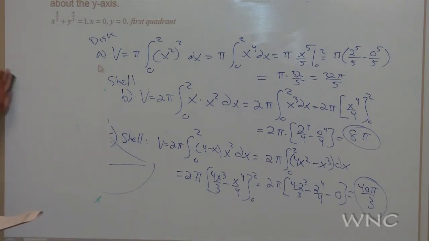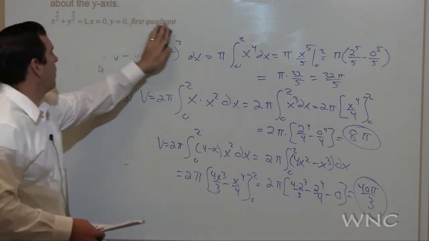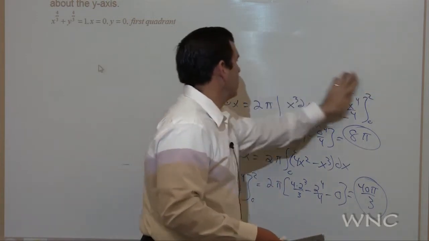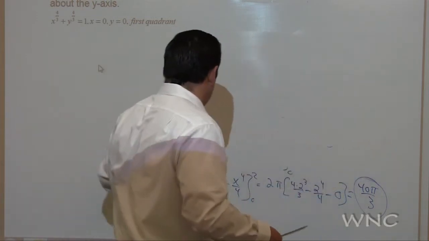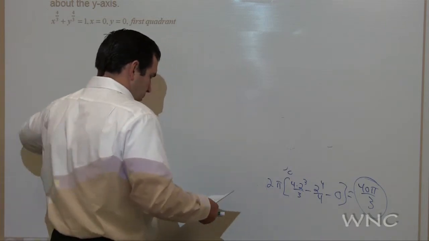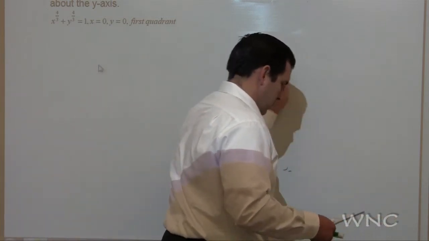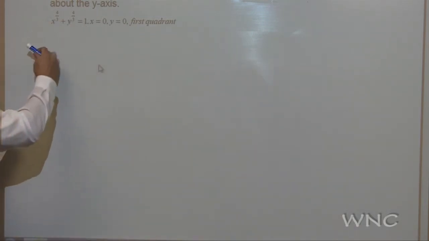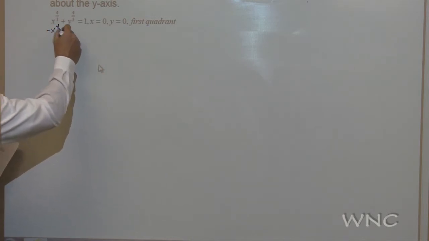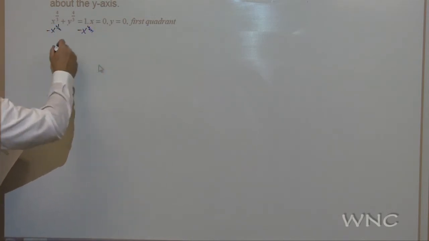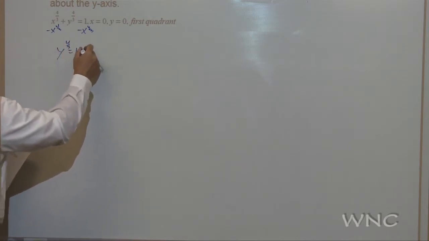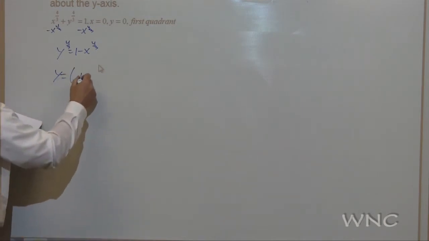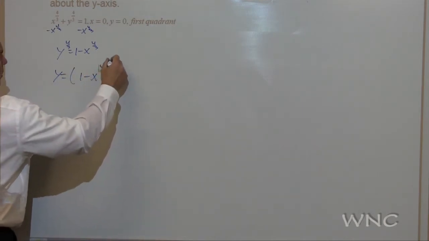Okay, and it's x to the 4/3 plus y to the 4/3 equals 1, x equals 0, y equals 0 in the first quadrant. The harder part's actually putting this in terms of y. Subtract x to the 4/3 from both sides. y to the 4/3 equals 1 minus x to the 4/3. y equals 1 minus x to the 4/3, all to the 3/4.